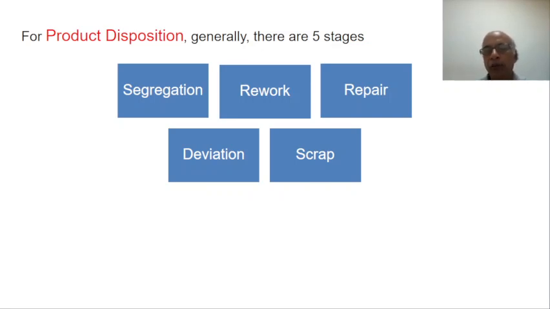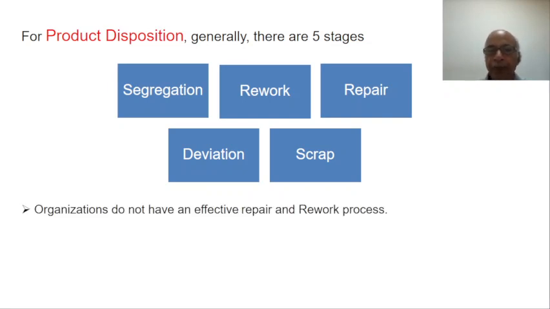There may be some deviation in the part from its spec, or sometimes you need to reject or scrap the part, which cannot be reworked or repaired, or if no deviation is allowed. So dear friends, the actual situation is that organizations don't have an effective, well-defined repair and rework process.